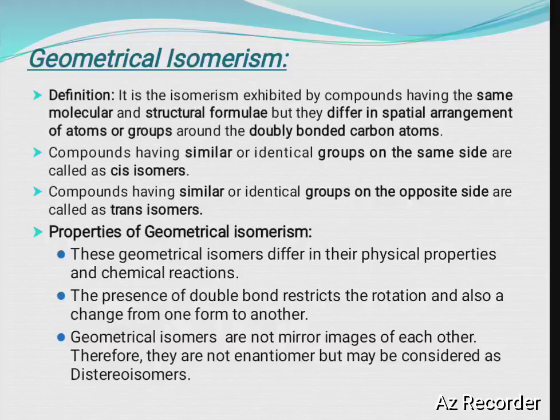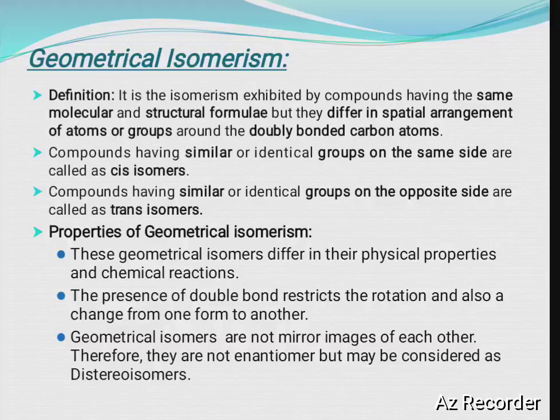Means here, due to the double bond, there is a restriction to transform the cis isomer to the trans isomer. Hence, there is a difference in the physical and chemical properties of the isomers.